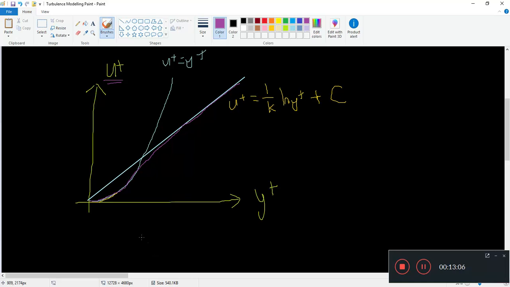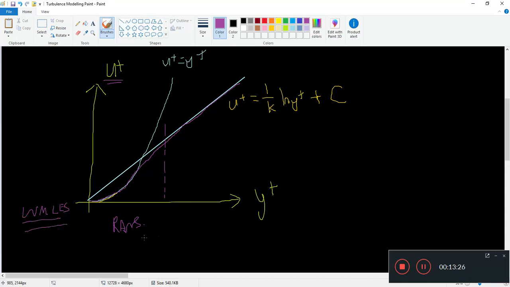Now remember, in the inner layers you use the RANS model for wall model LES.